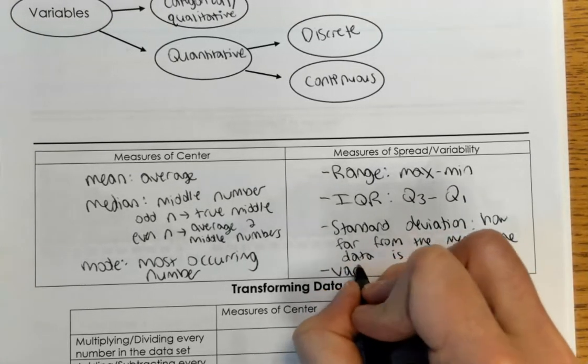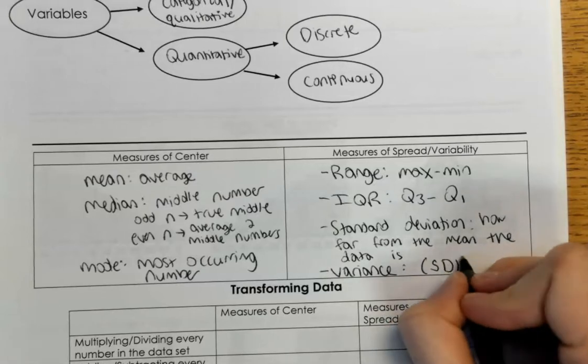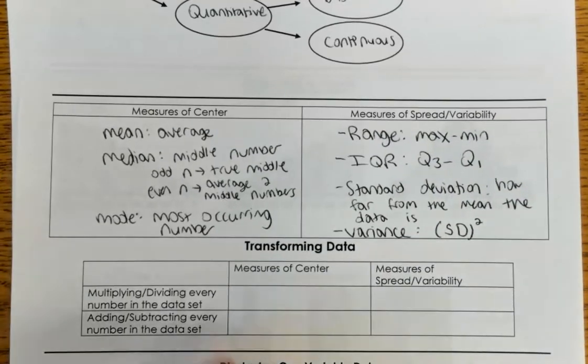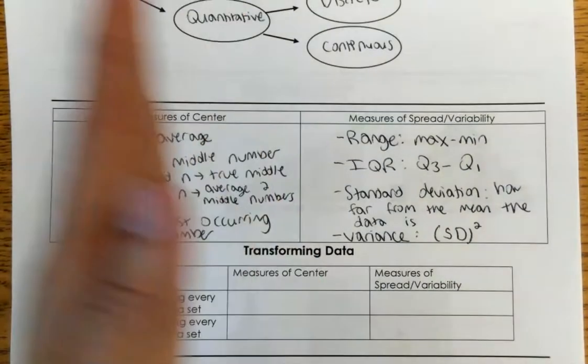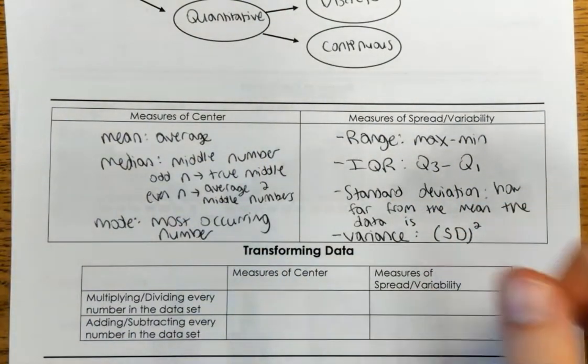And then we also briefly talked about variance. Remember, variance is your standard deviation squared. All right, so remember, measures of center measure the center of the data, and then your measures of spread measure how spread out the data is.